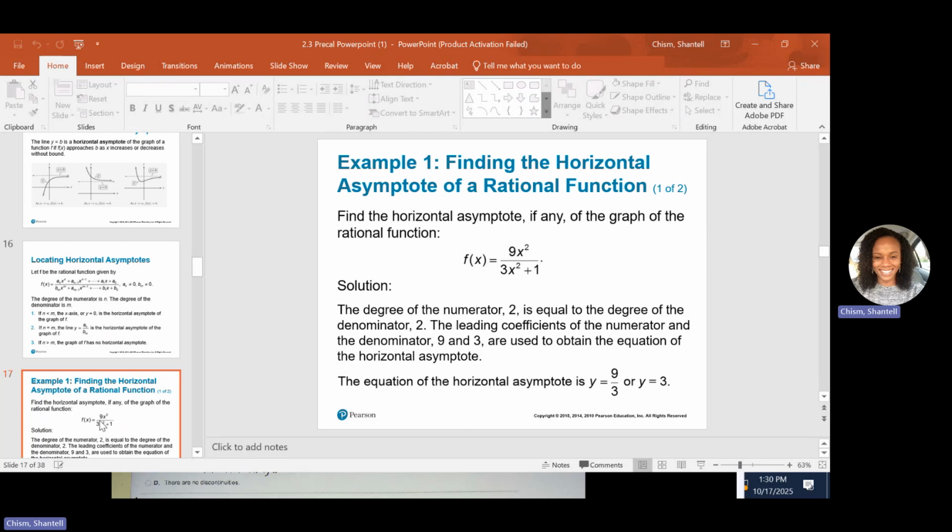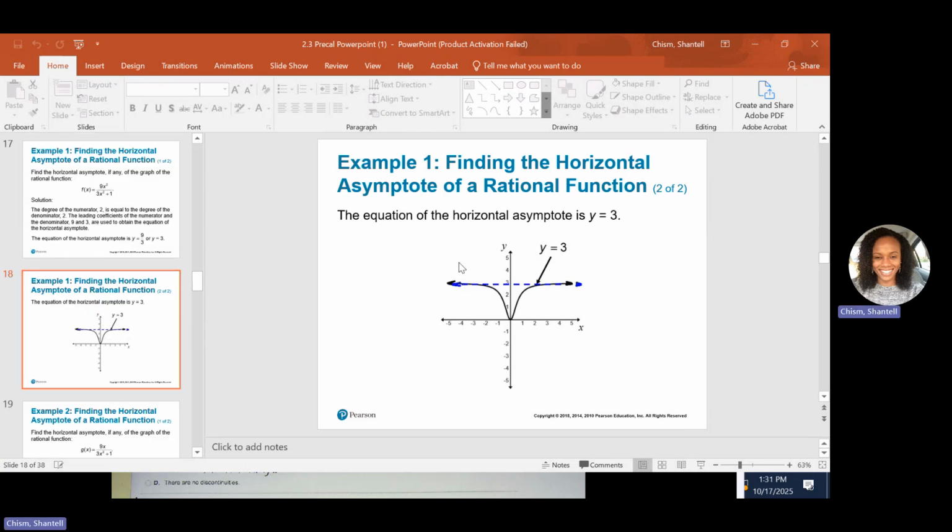So therefore, we examine the leading coefficients. They are 9 and 3. And we write our horizontal asymptote as y equals 9 over 3, which then simplifies to just y equals 3.